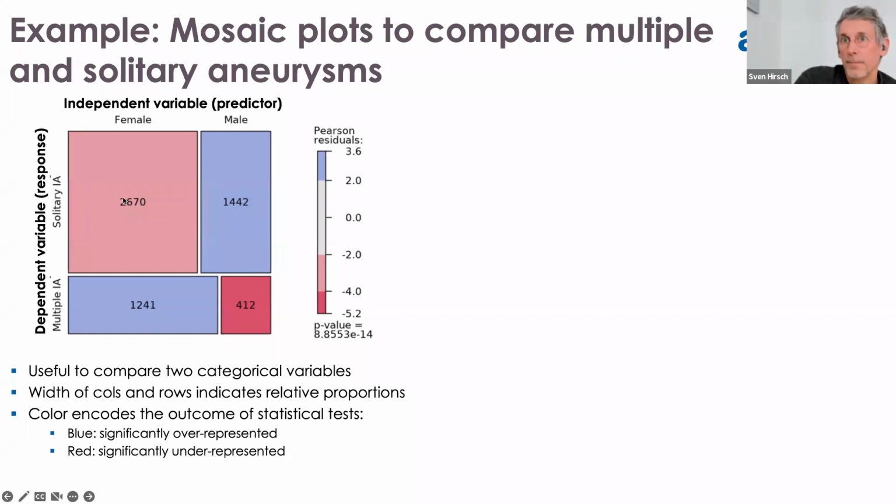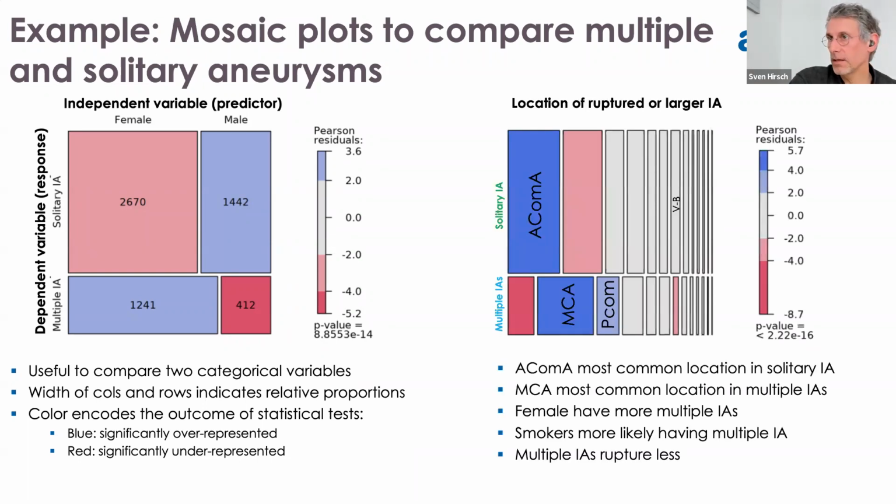So males have more solitary aneurysms and females have significantly more multiple aneurysms, whatever that means. So you see evidence that there is a gender difference.